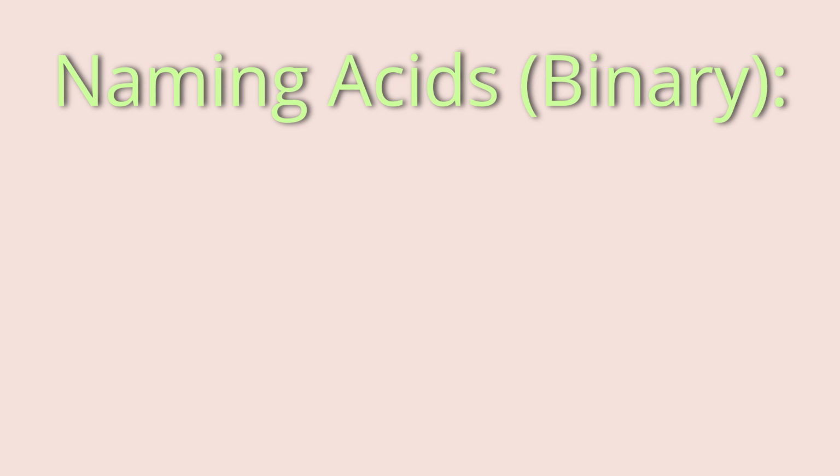Let's see, what's a good example? Let's go with a combination of hydrogen and fluorine. So, like we said before, it's all based off of the element that's not hydrogen. So in this case, that would be fluorine.